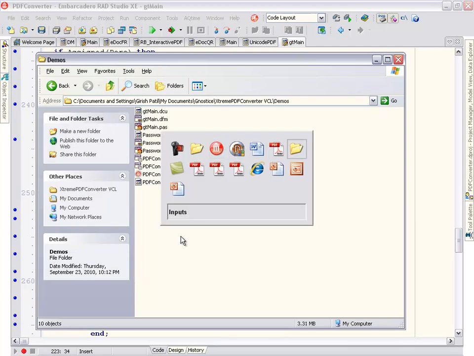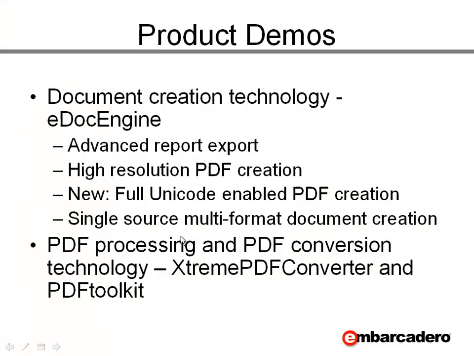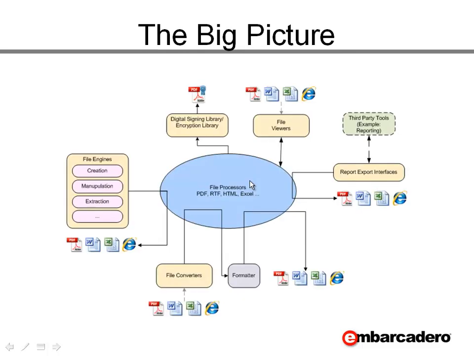Okay, let's get back and see what else we got. Actually, we've completed the demos. The last time I showed this picture, we didn't have a lot of the pieces that I just showed right now. In fact, we didn't have the converter piece really working at that time. Now we really got it to a good stage.